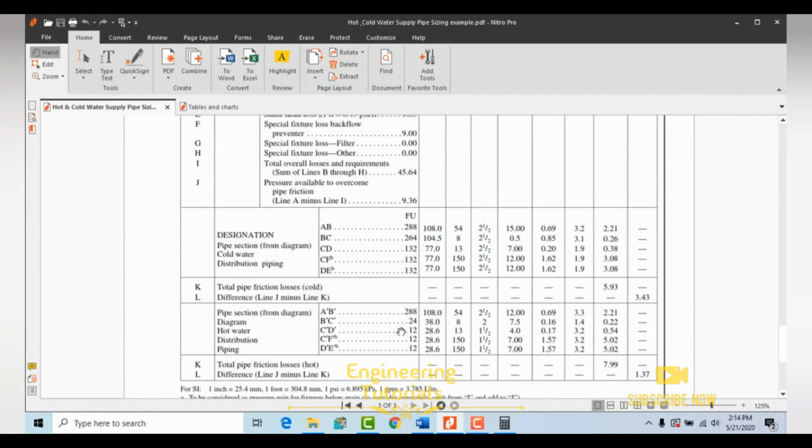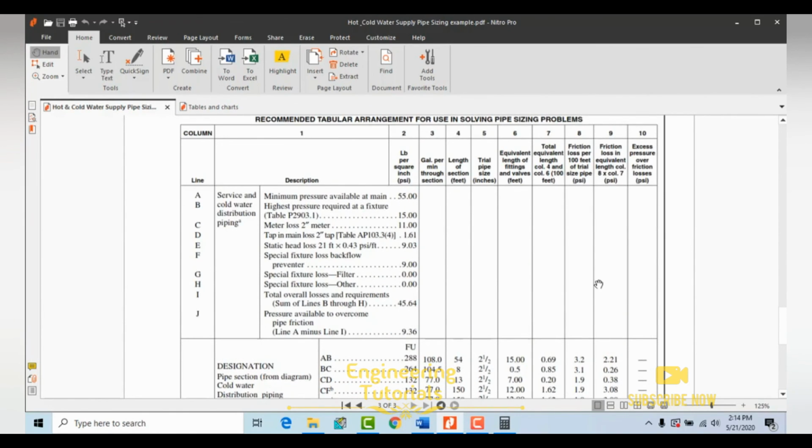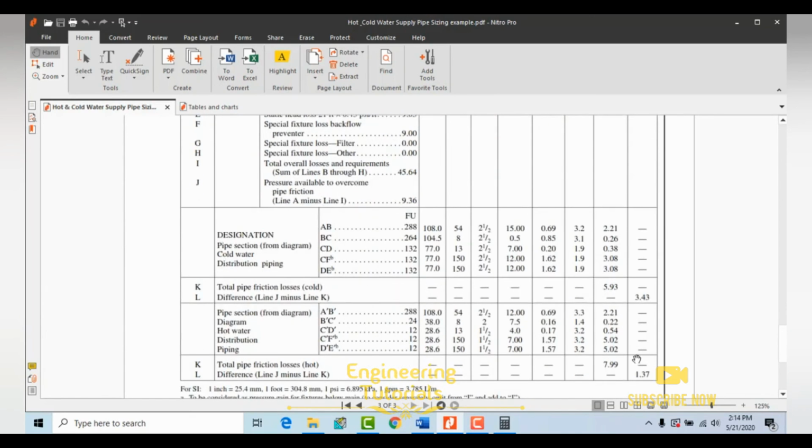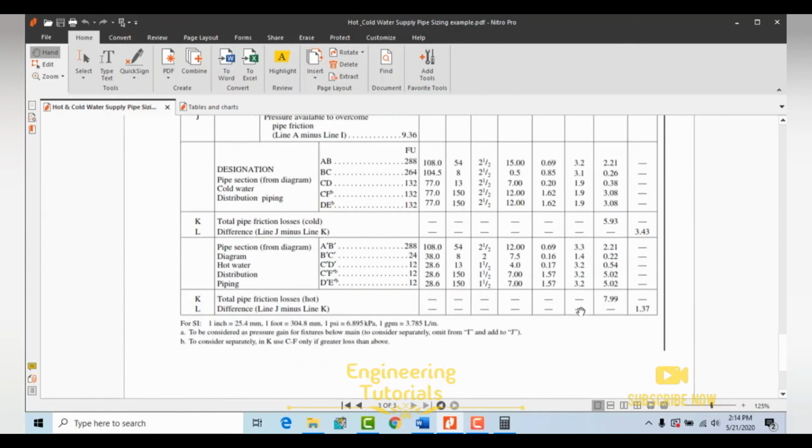In the same way you have to do pipe sizing for hot water, and you have to check. You can see that 7.99 psi is the friction loss in equivalent length. So if you subtract this loss from 9.36, the pressure available to overcome pipe friction, the excess pressure available to overcome pipe friction is 1.37.